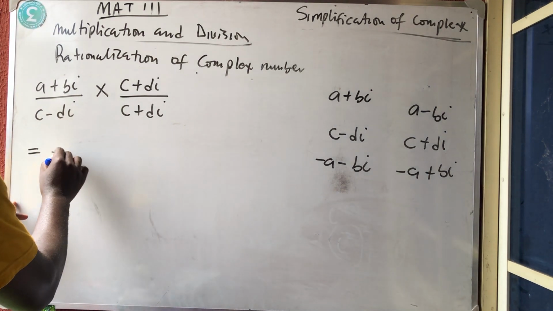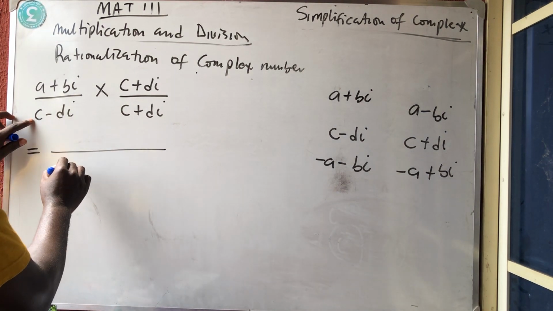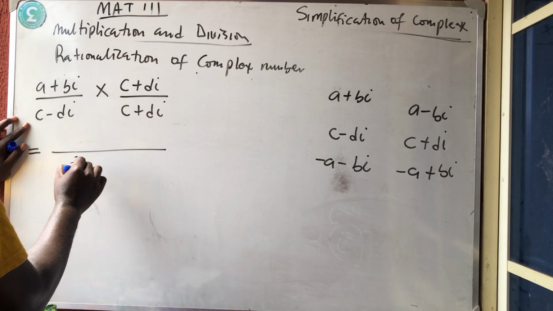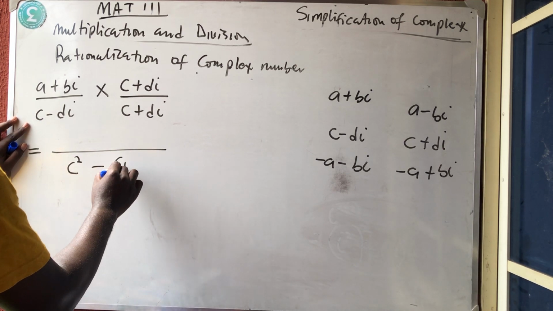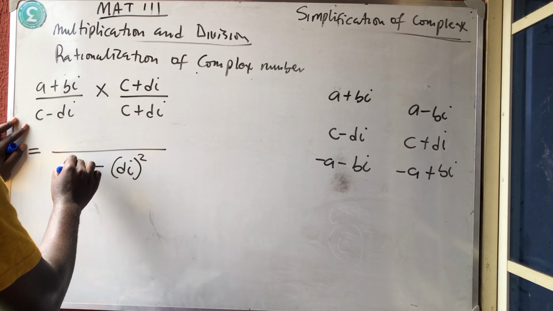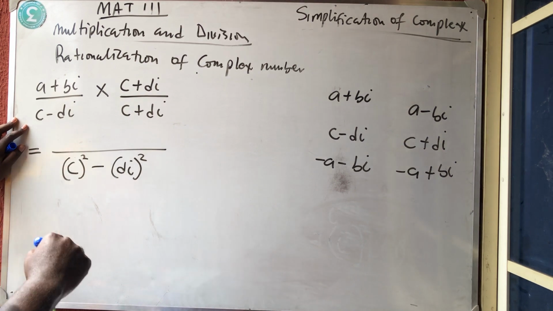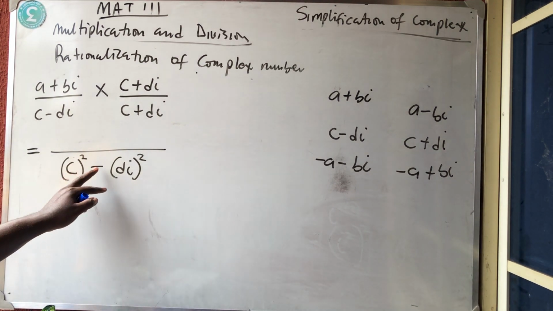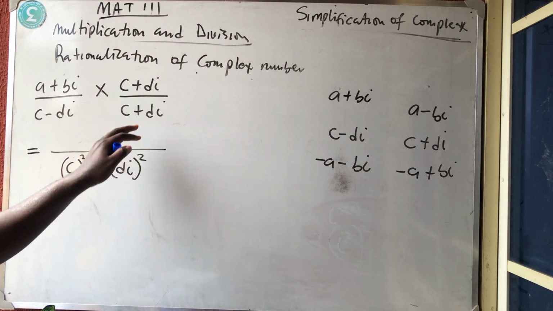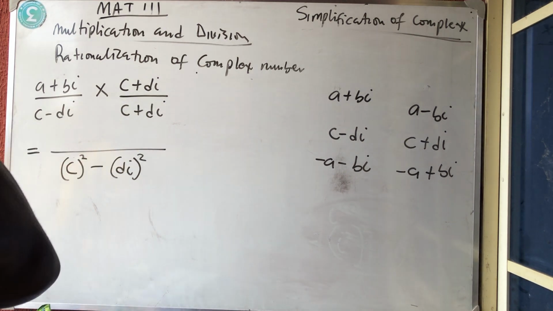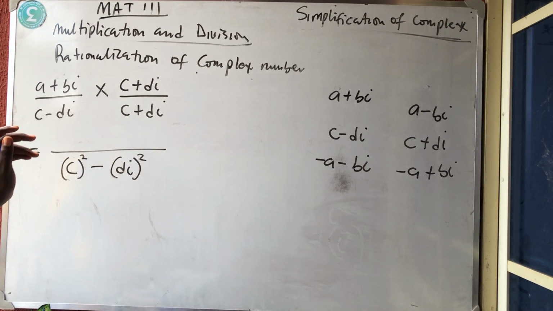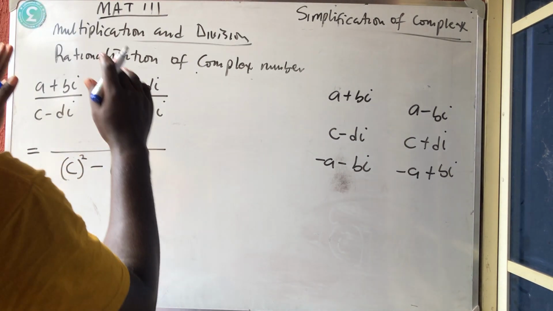So I know what the denominator will form: the first person, c squared, minus the second person, di squared. It's a must, because it is the first person minus the second person times the first person plus the second person. So that is what the denominator will always form.